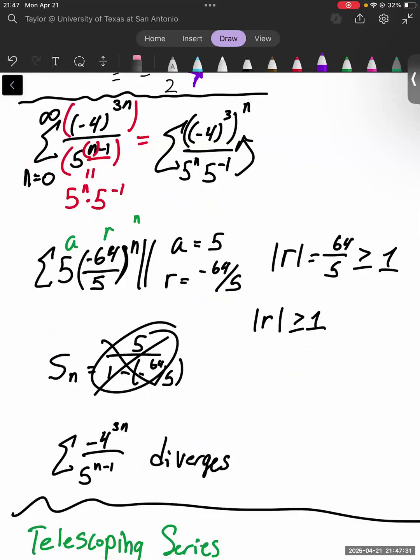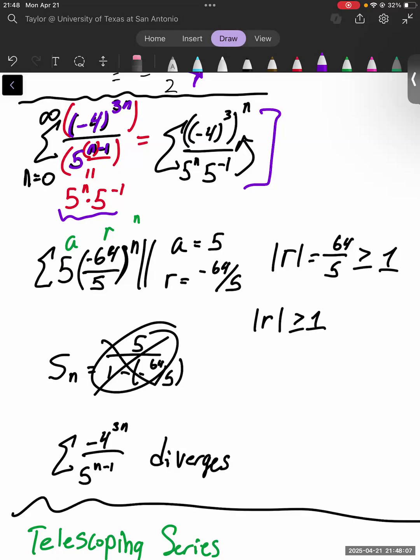Okay, next example of geometric series. This one is much less obvious. Our original expression, I'll write it in purple here, is (-4) to the 3n over 5 to the n minus 1. Following some of these little algebraic steps here, I can rewrite it in this form: (-4 to the third) to the n over 5 to the n times 5 to the minus 1.